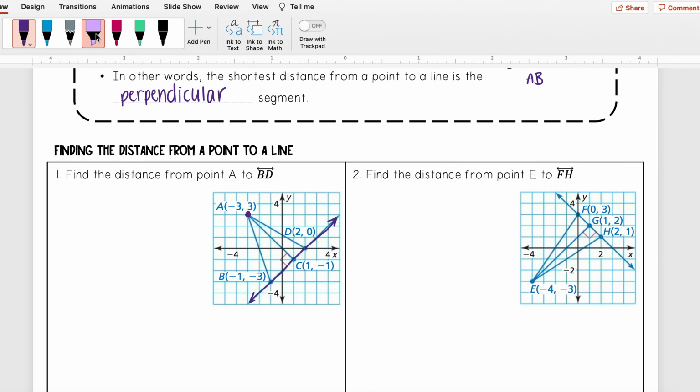And that perpendicular segment I see is this AC. Here, let me draw that with my purple. And I know that is the perpendicular segment because of this red box right here that's indicating that this is a right angle. Because remember, perpendicular just means that the lines intersect at a right angle or 90 degrees. So that means I need to find the distance of A to C.